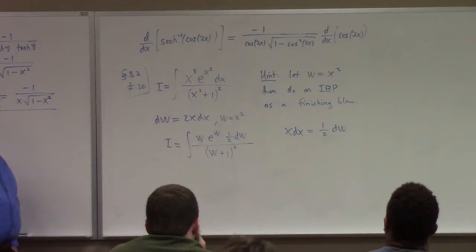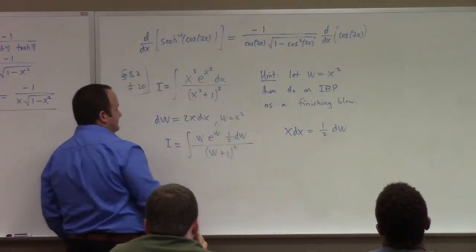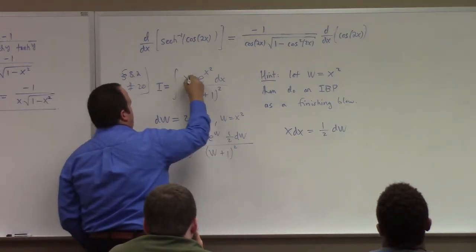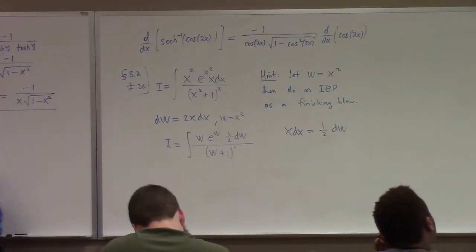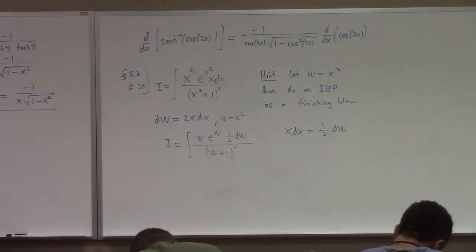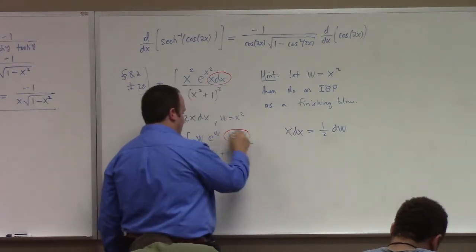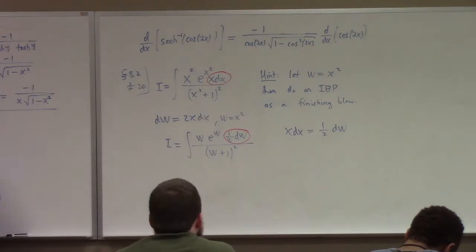So I took an x from the x cubed and made it into the 1/2 dw together with the x. This becomes this. Other questions?